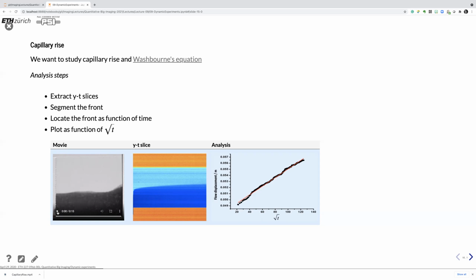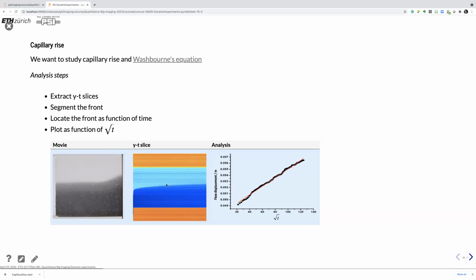The experiment goes on like this. It's not very exciting to look at, but anyway, it's a front that's moving up. Now we want to quantify and make a connection to Washburn's equation, which describes the process of capillary rise.